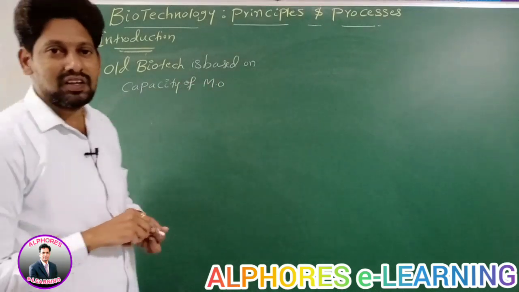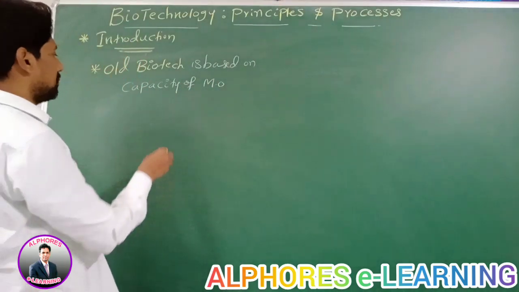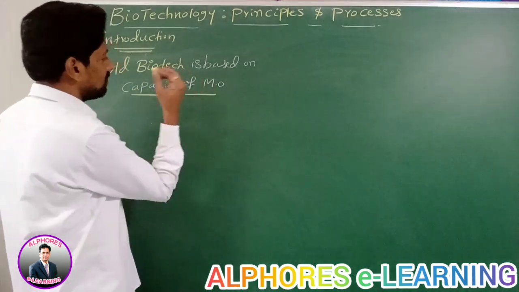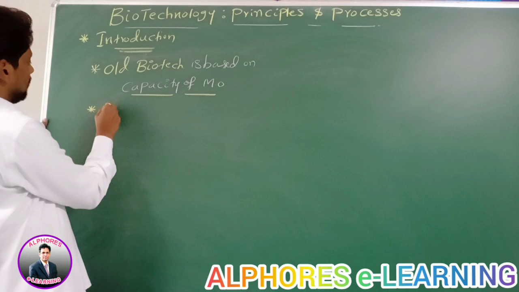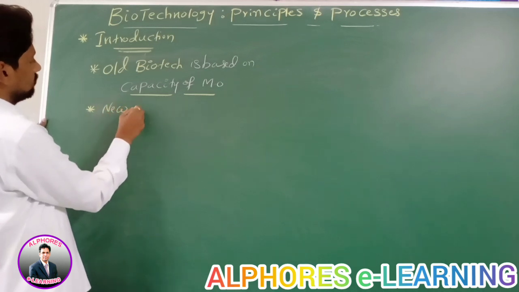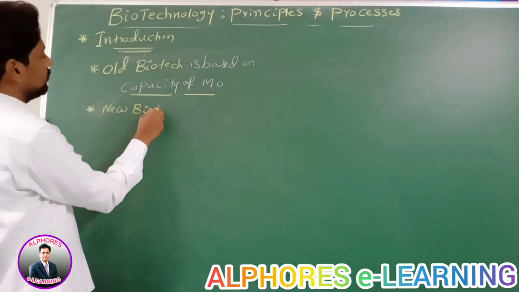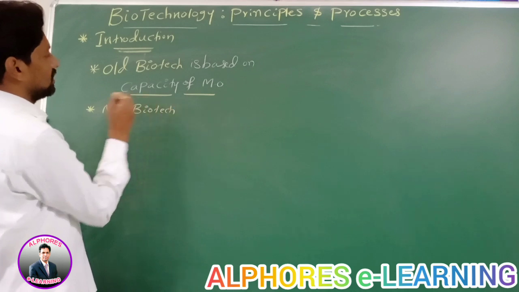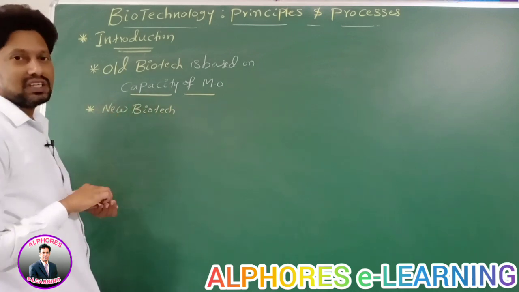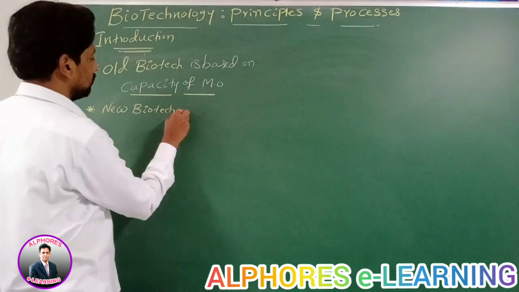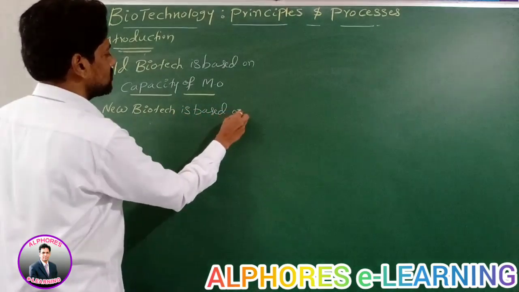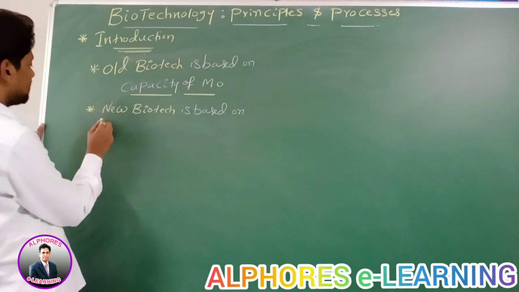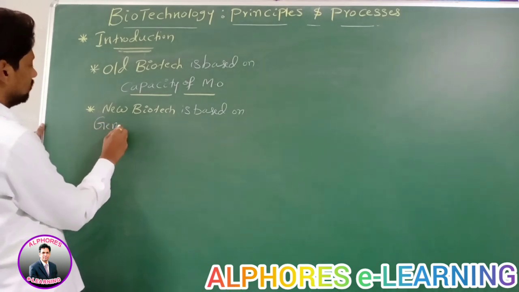Old biotechnology is based on what, sir? Capacities of microorganisms. Sir, new biotechnology. New biotechnology is based on genetic engineering. New biotechnology is based on what, sir? Genetic engineering.